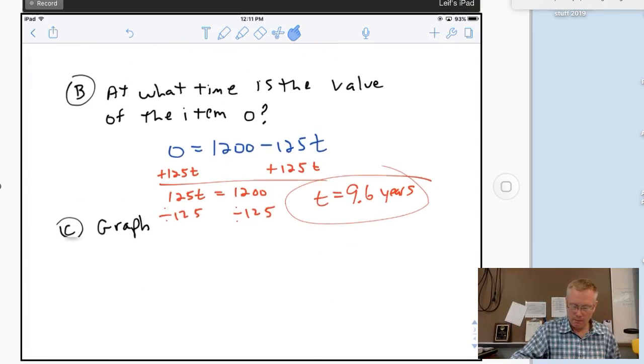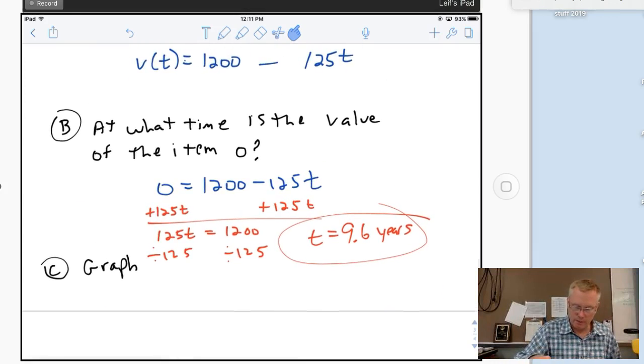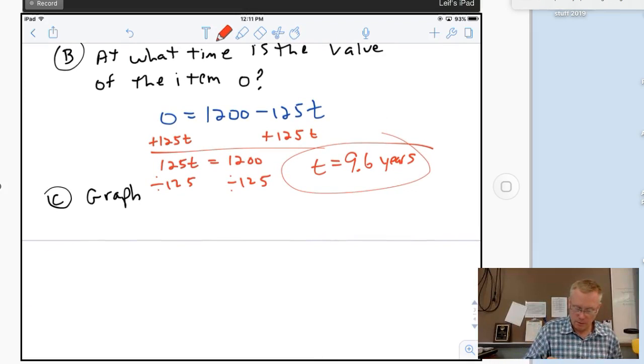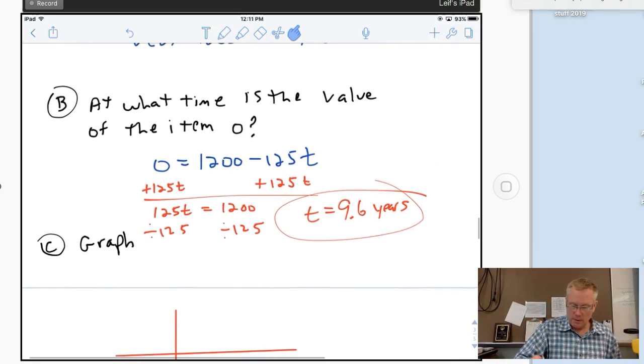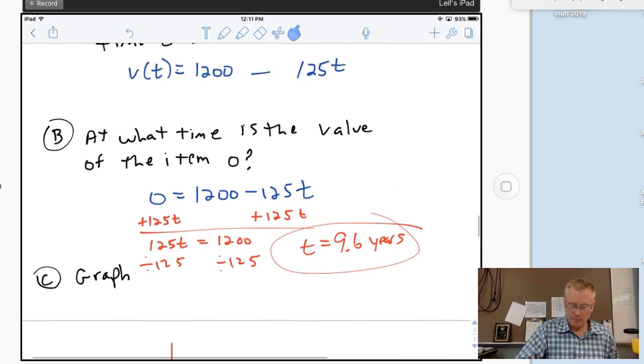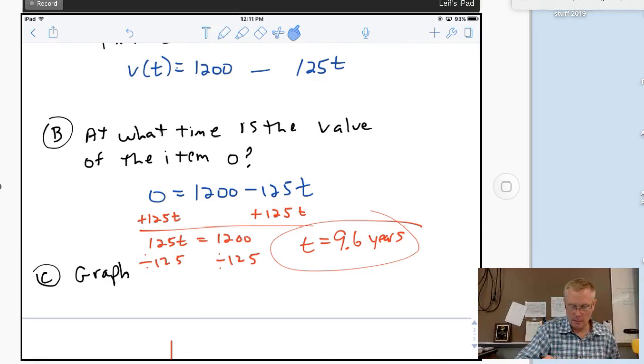Okay. They want a graph, big fancy graph. Okay. So if I rewrote this, I went negative 125t plus 1200.